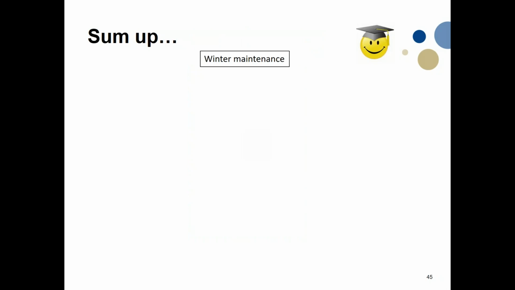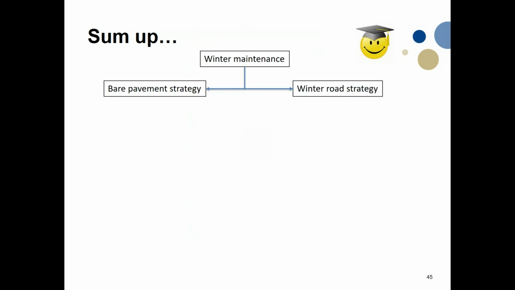So that was basically my talk, and I thought I will close this by summing up what I've been talking about. We talked about winter maintenance. I went into these two different types of strategies to maintain the surface. We started by plowing, which was used in both strategies.